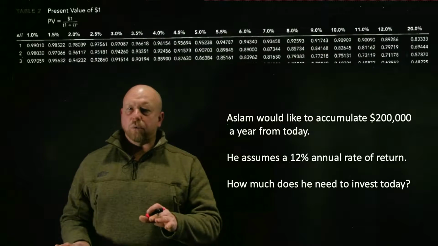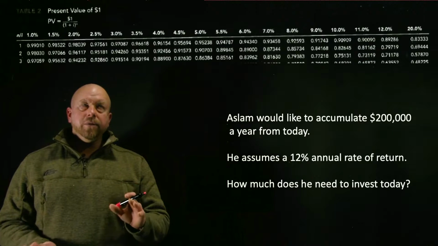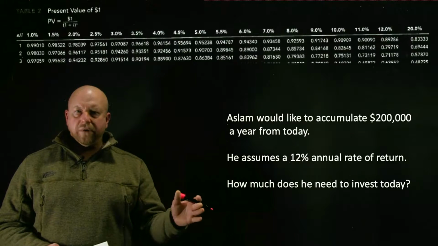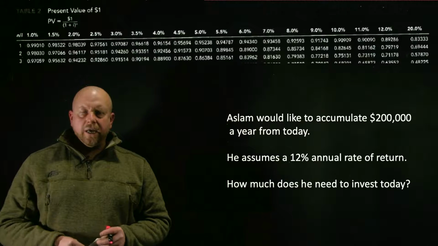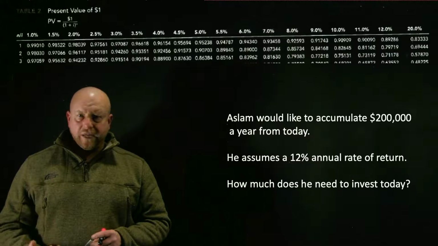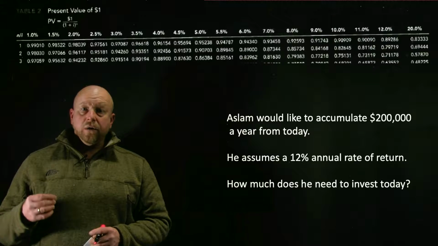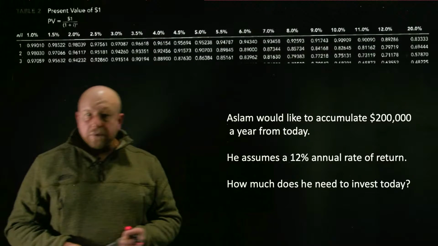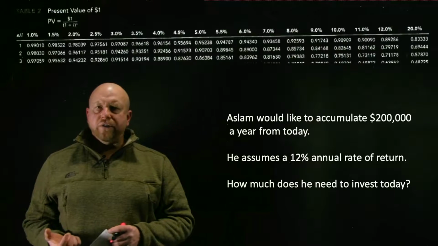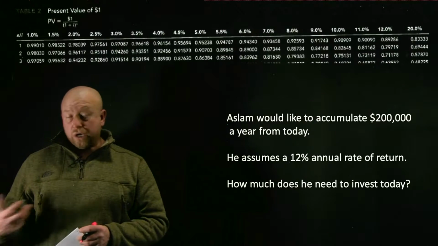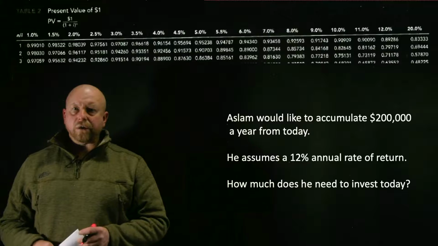Now, in the textbook world, the textbooks like to use time value of money tables, probably for the primary reason that a lot of students may not have a financial calculator available when they're going into a testing environment, for example. It's kind of like learning long division by hand when you're young, and then you use a calculator later on.